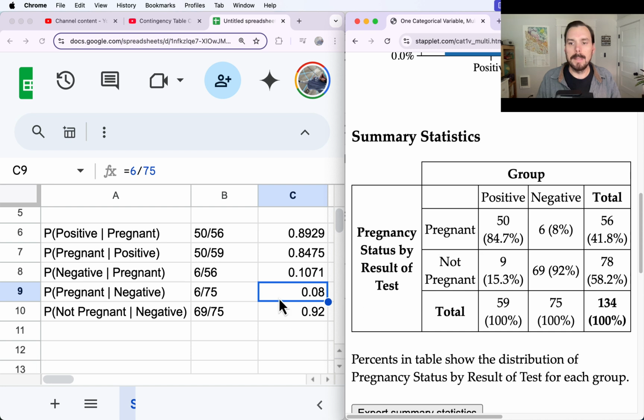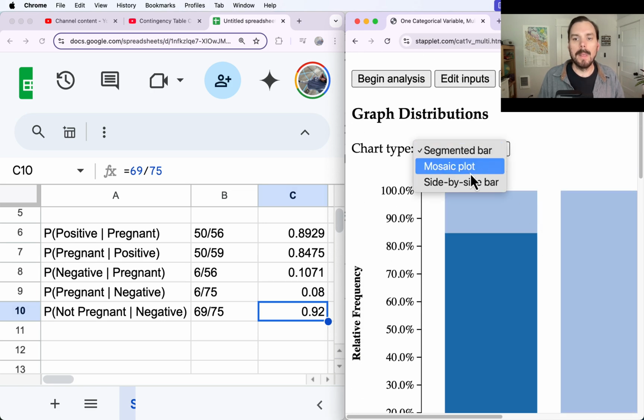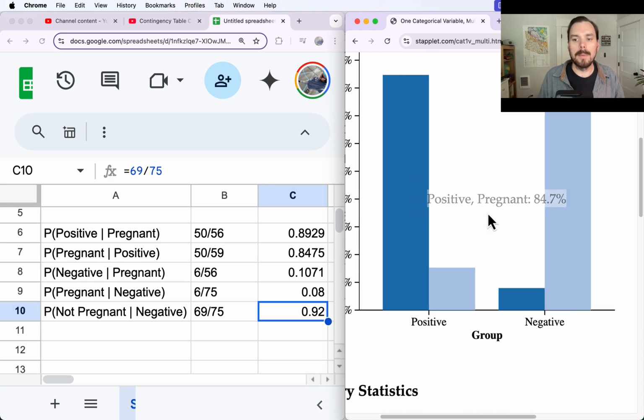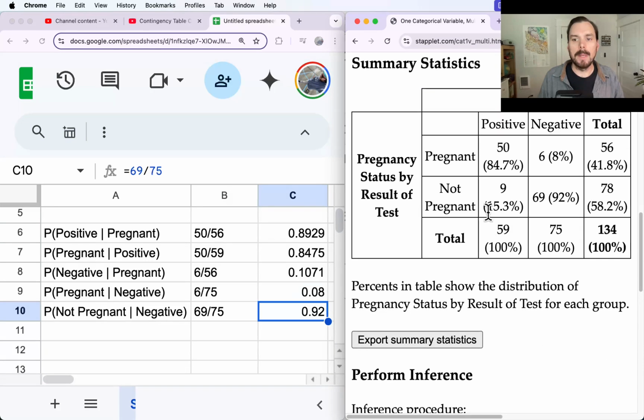We see this 8% and 92% here and here. So we can see of the positive results, the proportion that are true positives versus false positives. Of the negative results, we can see the proportion that are true negatives and false negatives. So those proportions will come in handy in that way, although I just don't know how useful some of these plots are going to be for this specific application.